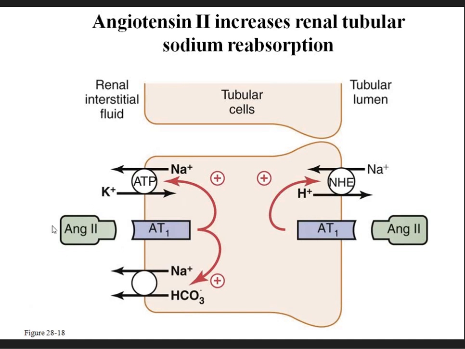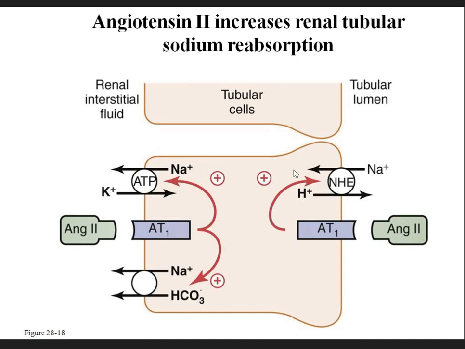This angiotensin II shown here has its receptors located at the basolateral surface as well as on the luminal surface of the cell. And once angiotensin acts on these receptors, it stimulates sodium potassium pump first of all, and also sodium bicarbonate transporters. These two are stimulated at the basolateral surface of the cell.